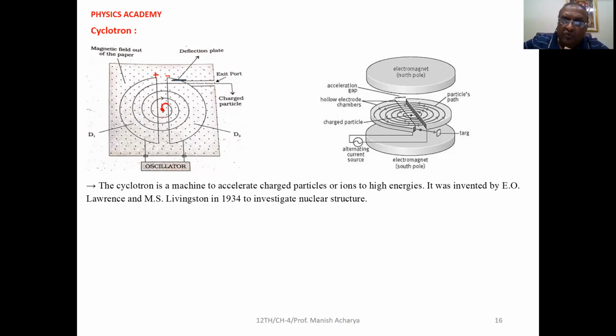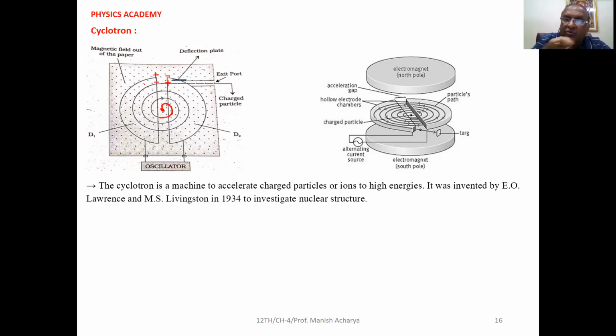Now during the motion, if a force acts on the particle, then its momentum will increase. And if momentum increases, then, as we already discussed, the radius of the circular path will also increase because R is proportional to P. So your charged particle is now moving on a circular path with increasing radius. Now, as soon as it reaches the diameter, this particular dee becomes positive and this becomes negative.